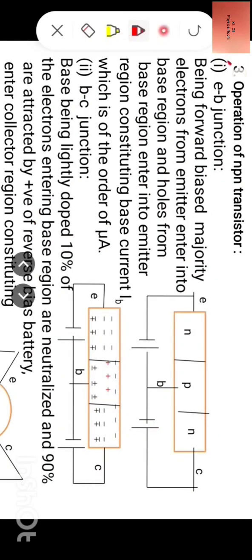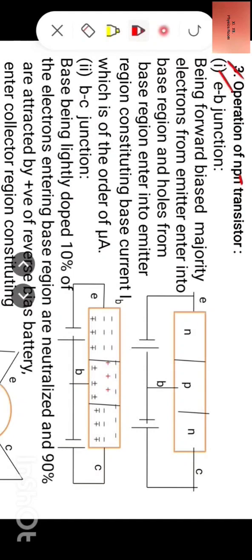Now third, operation of transistor. Since we have two types of transistors, NPN transistor and PNP transistor, so first we take up operation of NPN transistor. Now let us see what happens at emitter base junction when emitter base junction is forward biased.